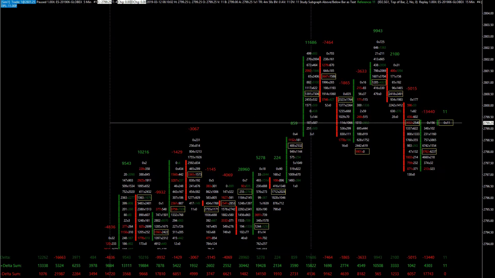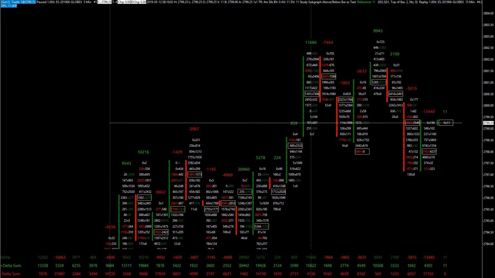So what I did was I entered short here, and you'll see the order flow coming down again: 2,400 hit the bid, 900, 2,200, giving you still a 2,100 positive delta. However, there was a down bar. So I'm in here, and the next bar it drops, and the next bar it drops.